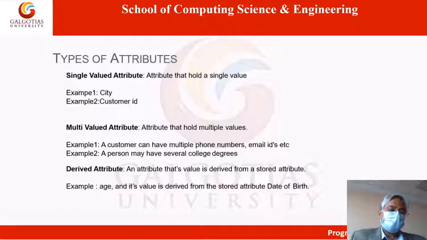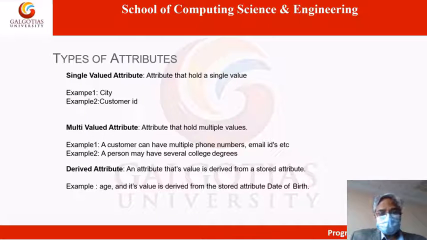Then another type of attribute is the derived attribute, which can be derived from some other value. For example, an attribute whose value is derived from a stored attribute.